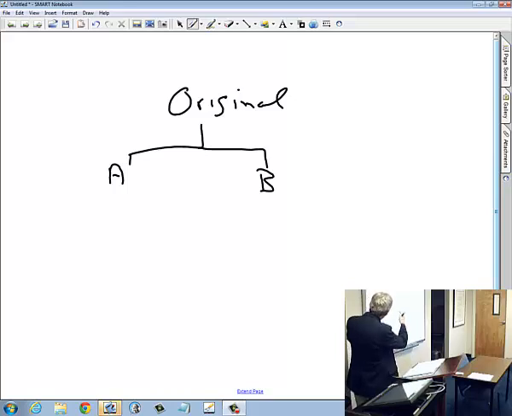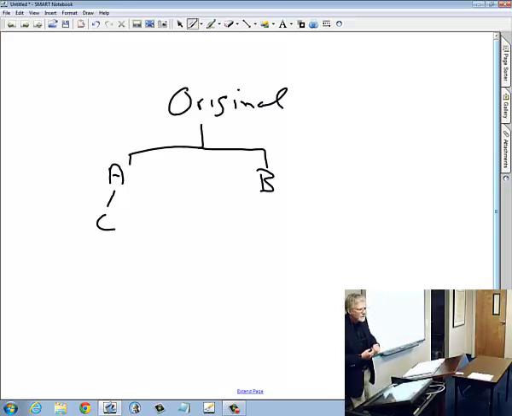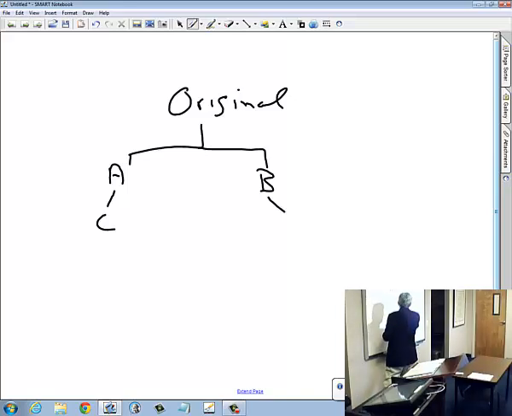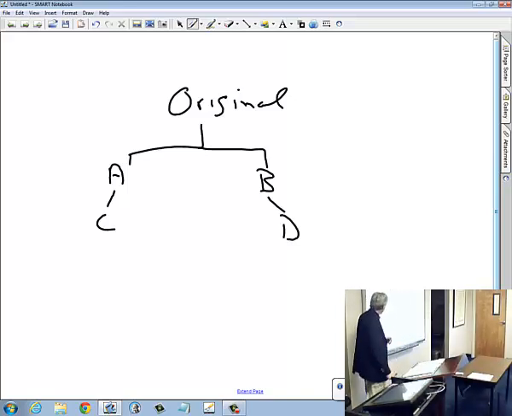Now that we have copy A and copy B, somebody C copies A, and somebody D copies B. So I start with a copy of the original, and now I have a copy of a copy.